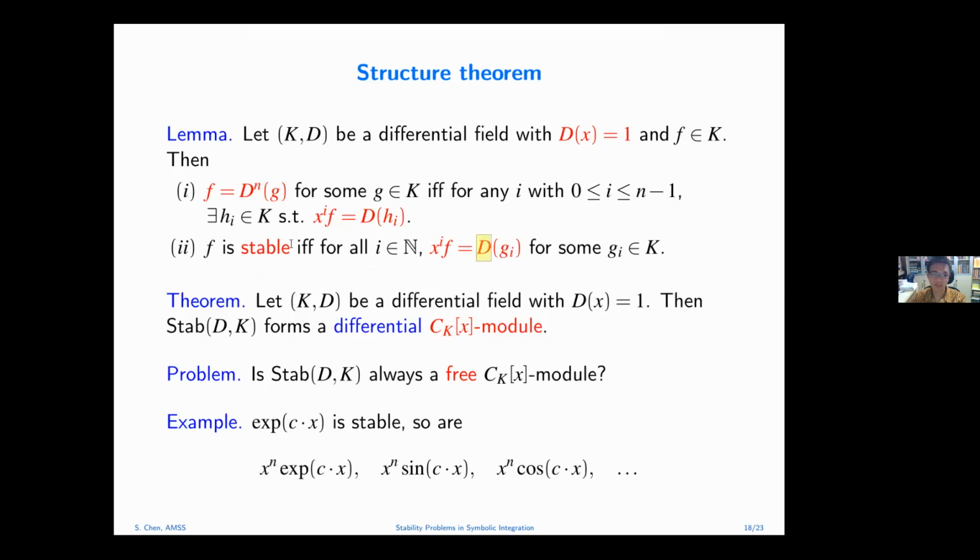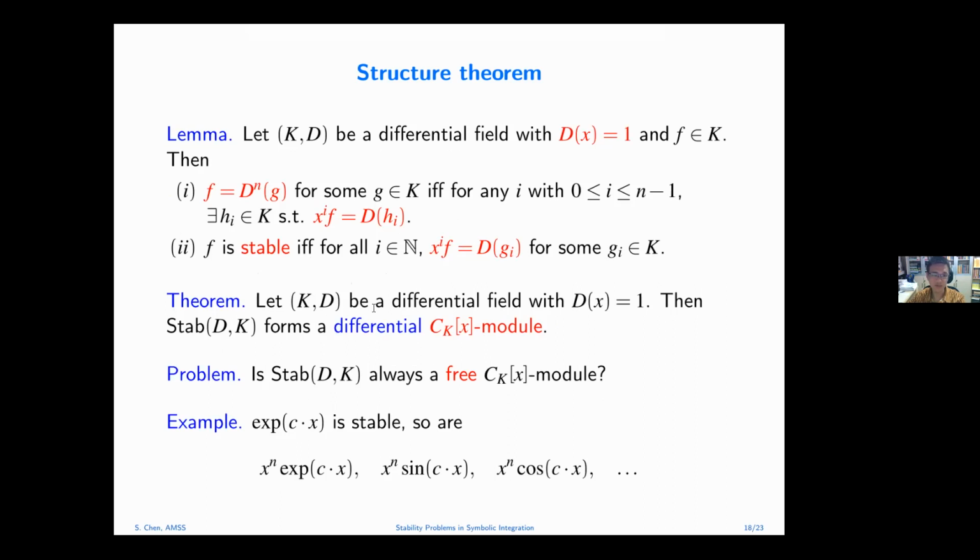So somehow you translate the stability problem into a parameterized version of the integration problem, because here i is a parameter. You need to show that for each i, this has a solution in K.